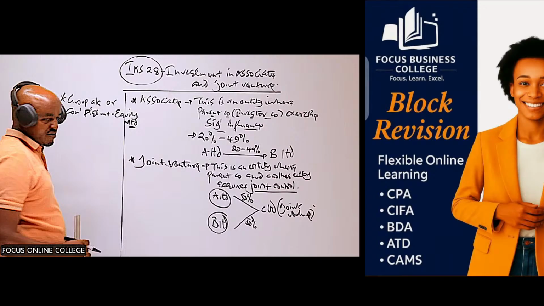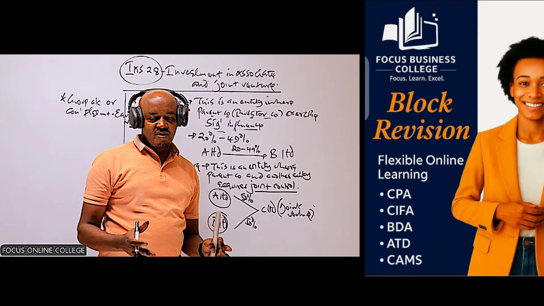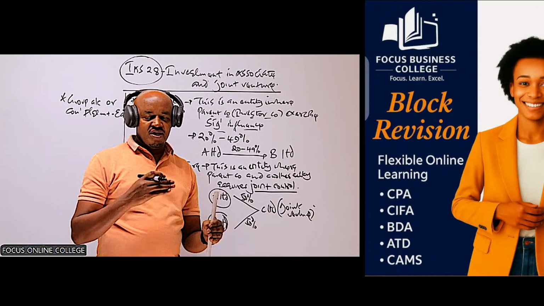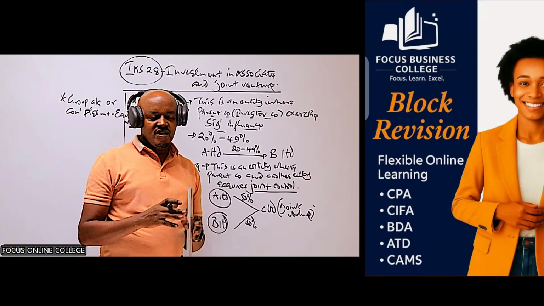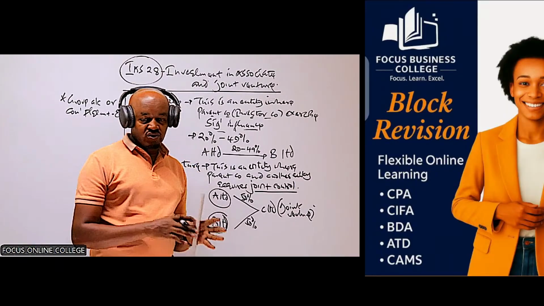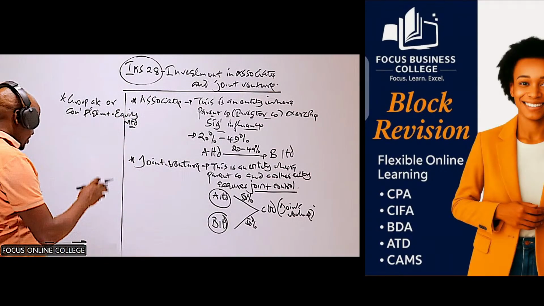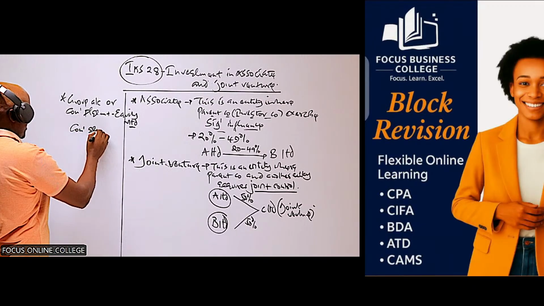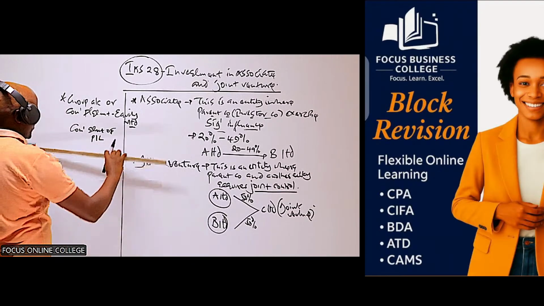So equity method is a method of accounting, and how is it applicable in preparation of the consolidated income statement, the consolidated statement of profit or loss? First of all, I want us to look at how this method is applicable when it comes to the preparation of the consolidated statement of profit or loss.